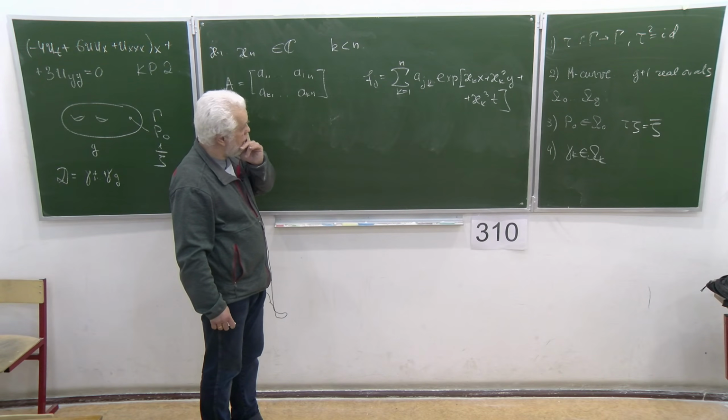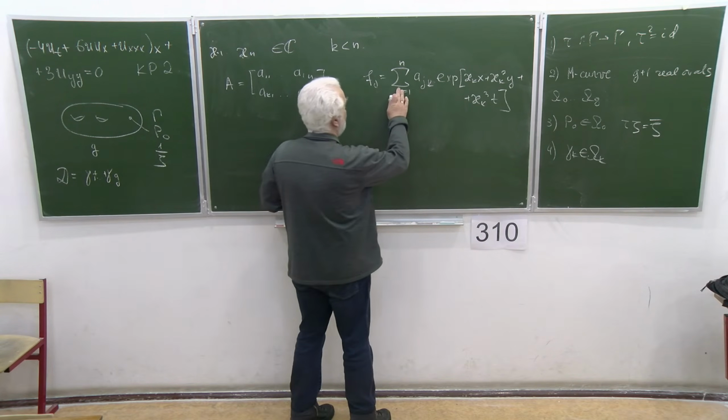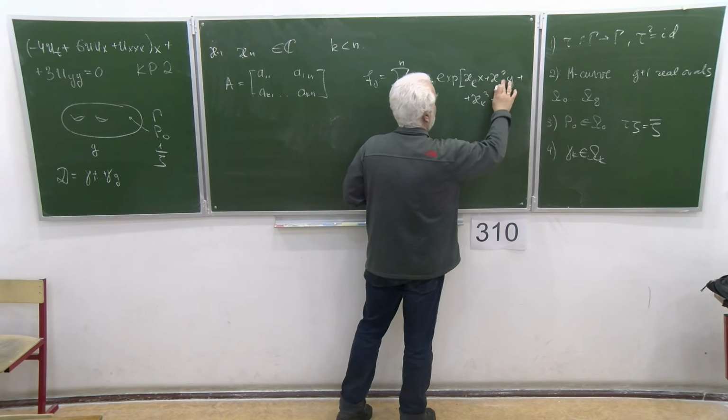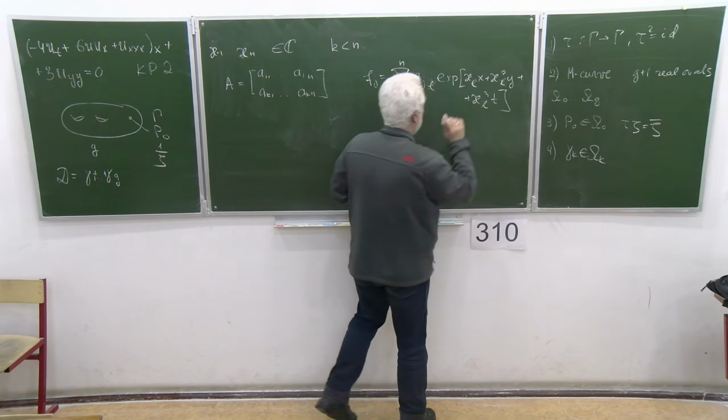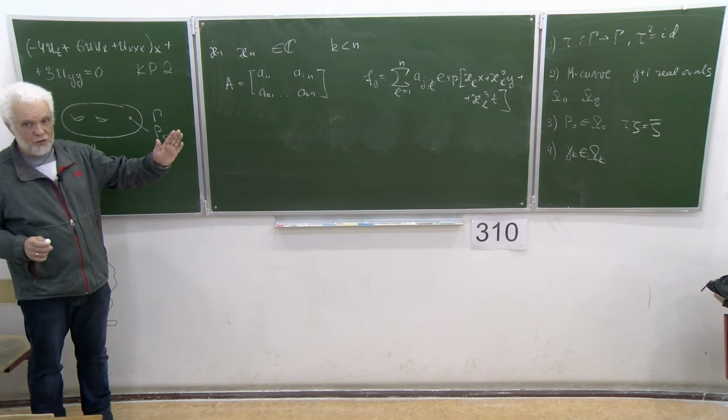A small problem with the notation. You have a matrix of size k by n, and you use L. Okay, it's better, of course. You have this collection of functions.